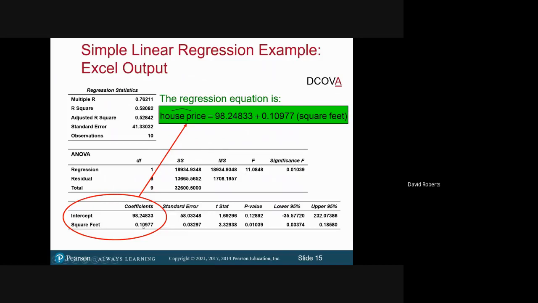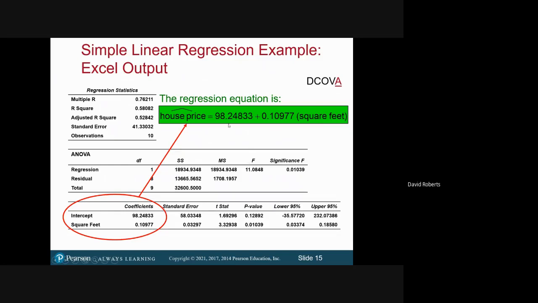So here we have the results on our ANOVA table. We have the y-intercept, which is 99.24. We have, for every square foot, the coefficient is 0.10977.